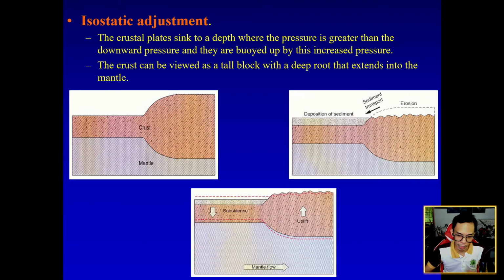Now because of erosion, weathering, and also gravitational pull, and also don't forget the melting of icebergs, or rather glaciers. Because of that, the mountain's height is only a temporary process.